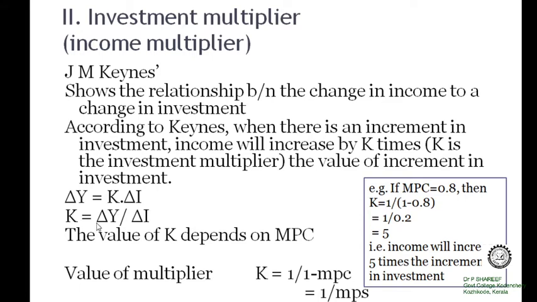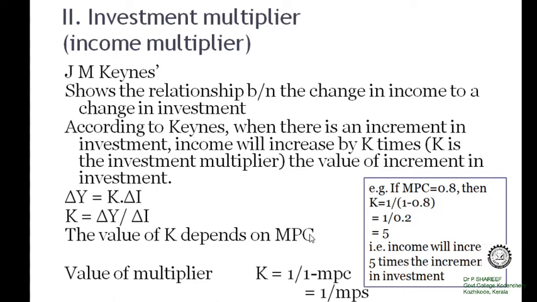The value of multiplier K is equal to ΔY/ΔI. Now, the value of investment multiplier K depends on the value of MPC, that is marginal propensity to consume. MPC and K are directly related.